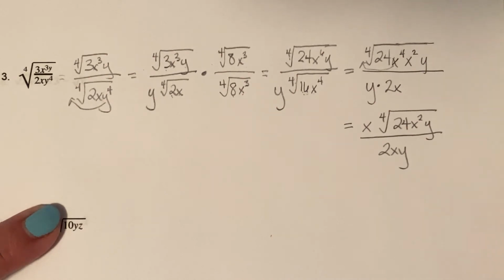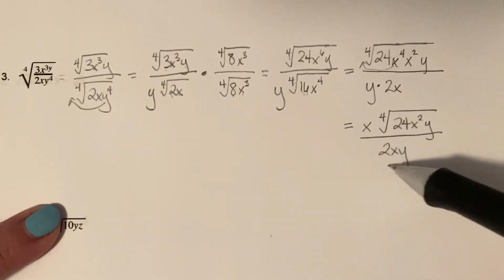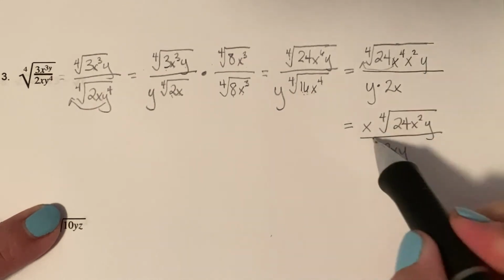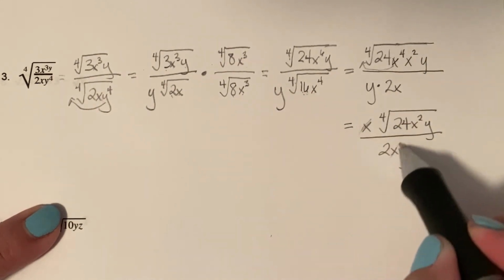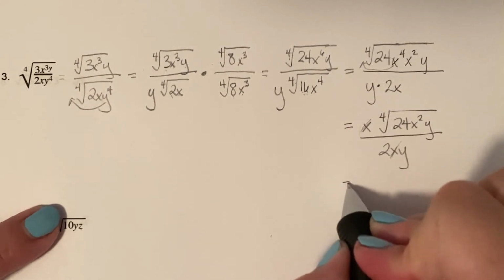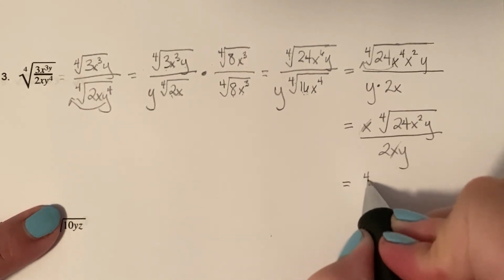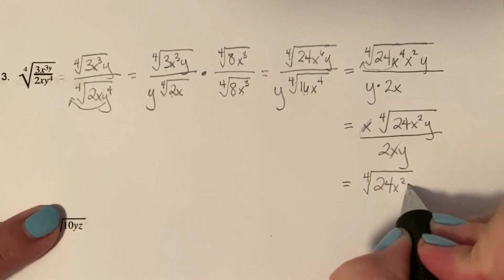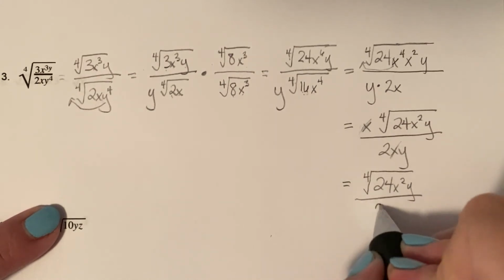And now this is a really important step. You make sure that anything outside the radical can reduce, which it can. We have an x and we have an x. So now our final answer is the fourth root of 24x squared y all over 2y.